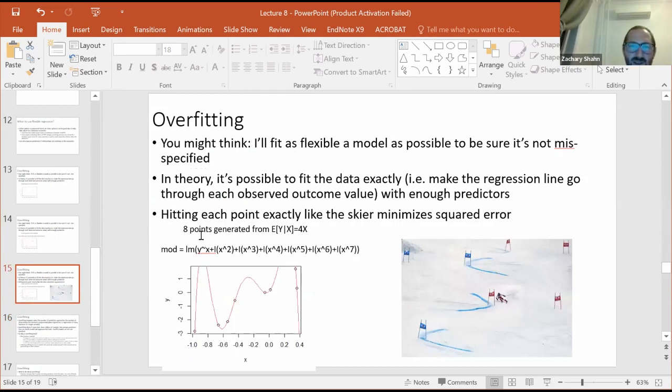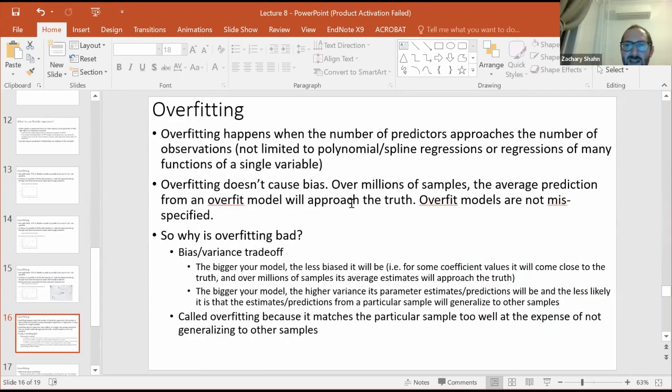You take a new 8 points, get crazy squiggles, get a new 8 points, more crazy squiggles. The average at any given point of the million squiggles that you got will approach the true line of 4 times x. So they're not biased in that sense. They're not misspecified either. They include as a special case the truth. However, why is it bad?